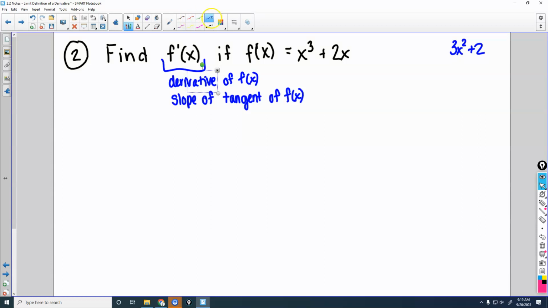If you know the shortcut, you might be figuring it out. I think you've been plugging in numbers, because if you plugged in 1 to that, you would get 5. Well, what else do you plug in? Nothing. Right now we're just taking the derivative and we're not plugging a number into it.